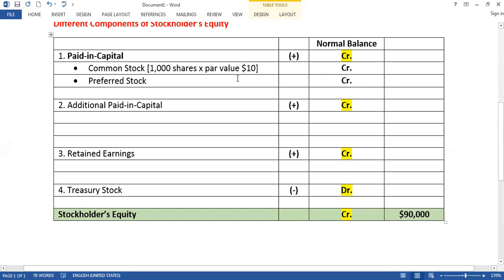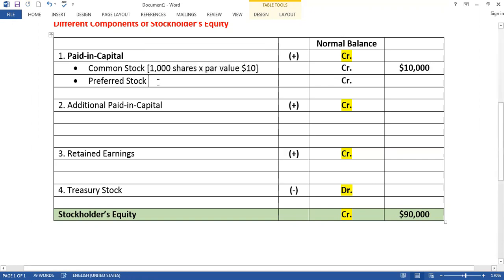So company sells 1,000 shares, par value $10, and it is something like $10,000. And company sells preferred stock.